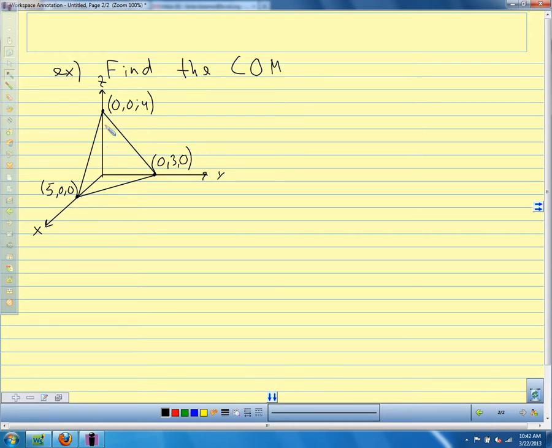So I'm going to draw an arrow here, and draw an arrow here, and I call this vector P and this vector Q. I'm going to use these two sides. So vector P is the vector -5, 0, 4, and vector Q is going to be 0, -3, 4. And we're going to take the cross product to find our normal vector.